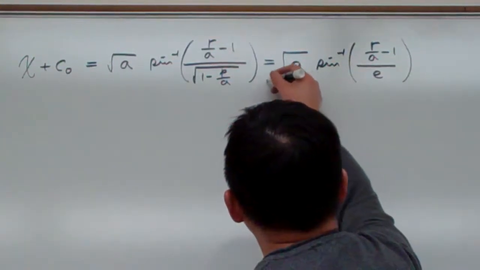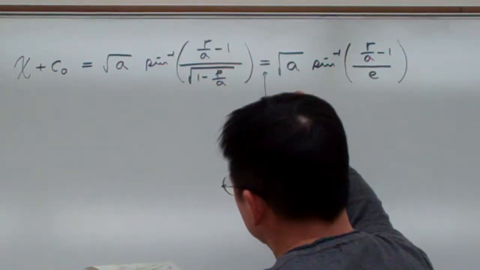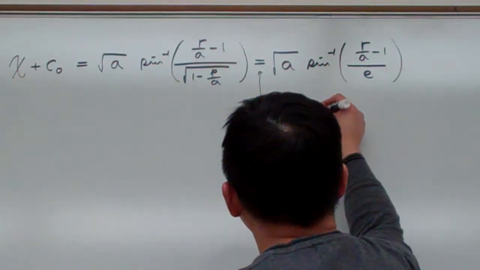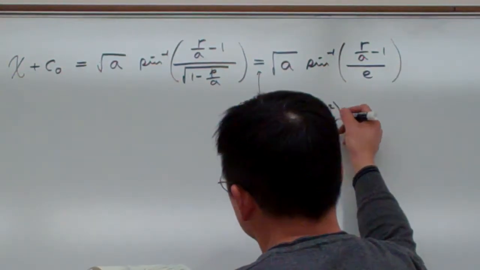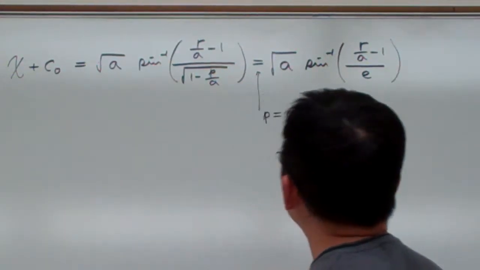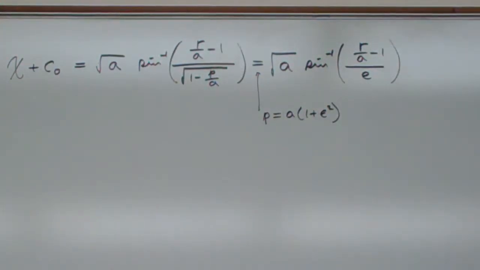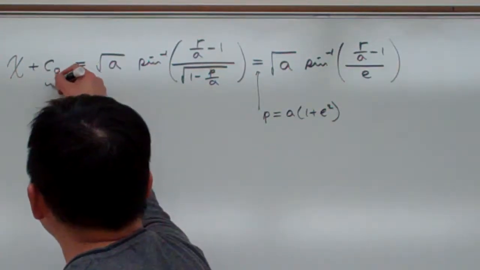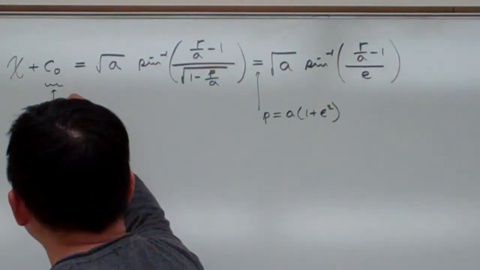And here we have utilized P equal to A times 1 plus E squared. So we have this one, and here the C0 is the integration constant.